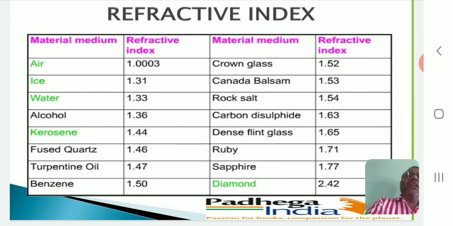So it's very clear. Likewise, in different cases the medium will be different, and to what extent bending will take place, or which one is rarer or denser, all can be decided on the value of this refractive index, which has been shown in this table through their values of refractive index.